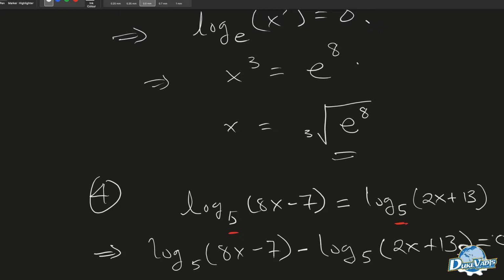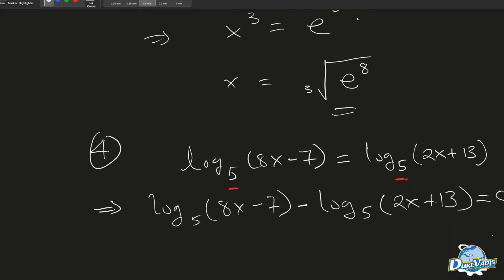Have you seen it? This is equal to 0. That has made the equation so easy. As I said earlier, the bases are the same.